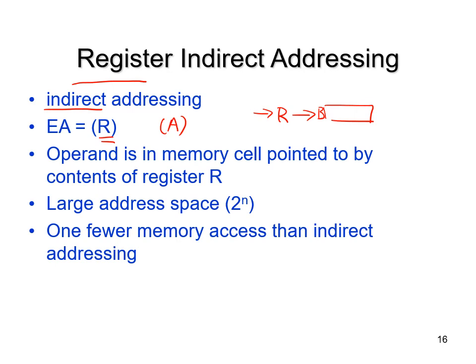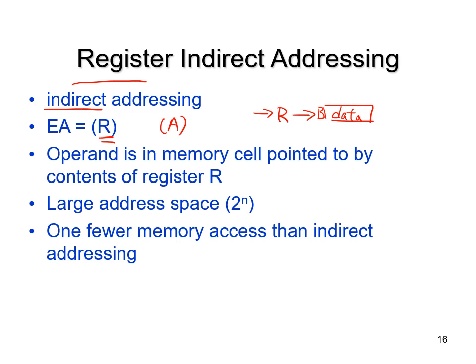Say for example, if the register stores a B inside, then the computer will use the address B to find the data in the memory.